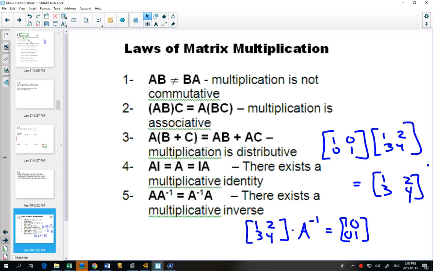An inverse is kind of like dividing. You divide it out, you get 1. So what would this be? What could I possibly put there so that I get 1, 0, 0, 1? And so we'll learn techniques for finding inverses.